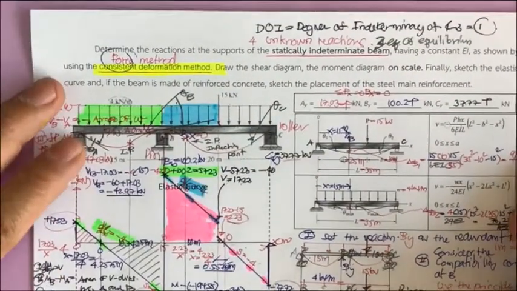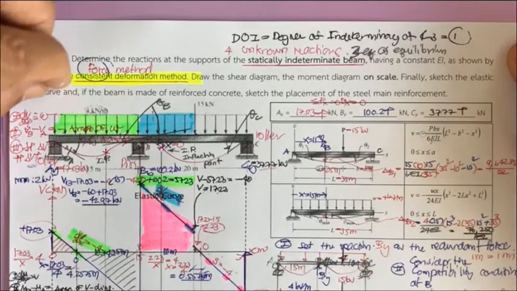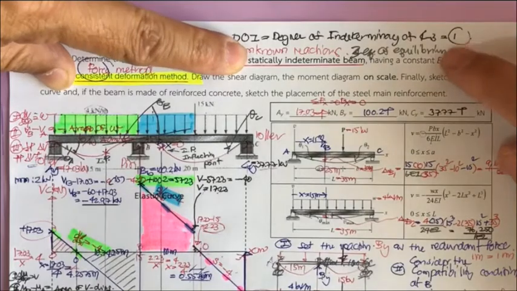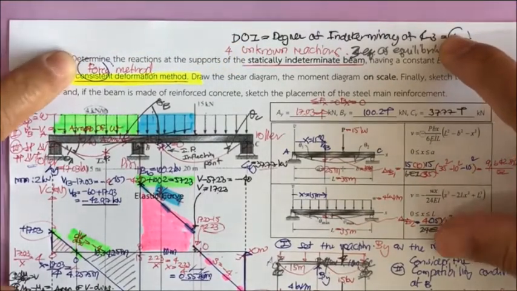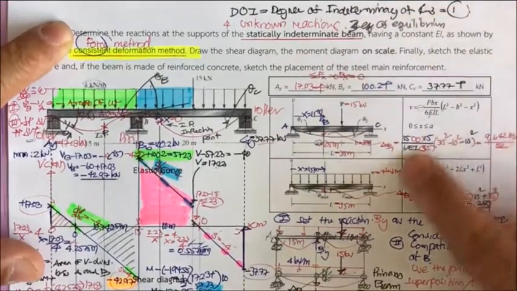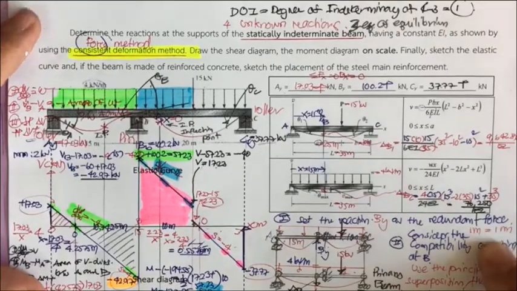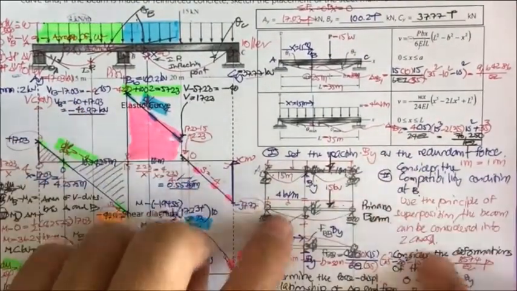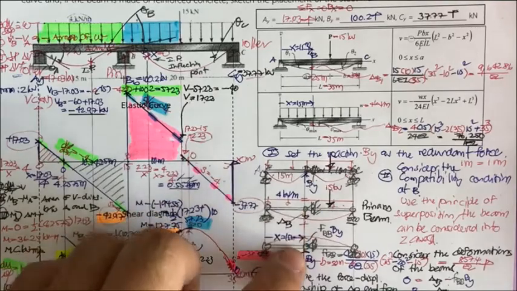That you may use the consistent deformation to analyze the statically indeterminate beam. Since we have 1 degree of indeterminacy and we use the force method, we set the B sub y as redundant force, and then we consider the deformation of this beam by separating the beam into these two.